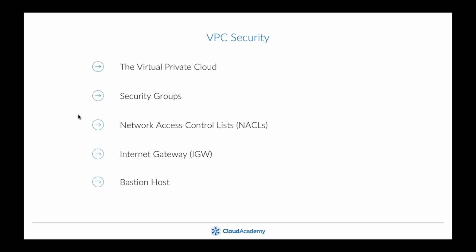So it's great for out-of-hours support guys that need to gain access to your private instances. They'll connect onto the Bastion host via SSH or RDP, and then from there use that as a jump server to gain access to your private instances, again via SSH or RDP.